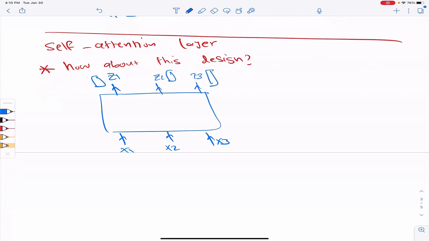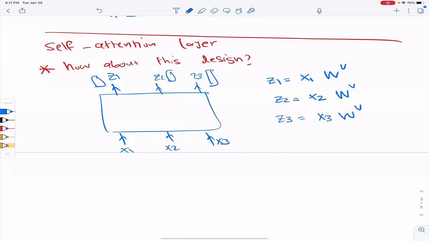The way I'm going to do it is compute the z's as a vector product. I'm going to multiply x1 with a matrix, let's call it WB, z2 as a matrix multiplication of x2 with the same matrix, and z3 as x3 times WB. Would this work?